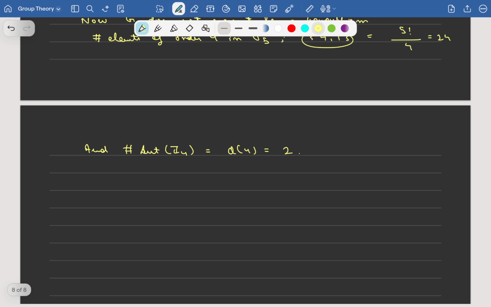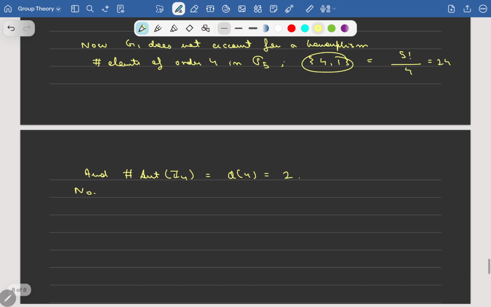So number of elements of order 4 in S5, did I do it correctly? No, I'm sorry. So this is 30, I'm sorry.